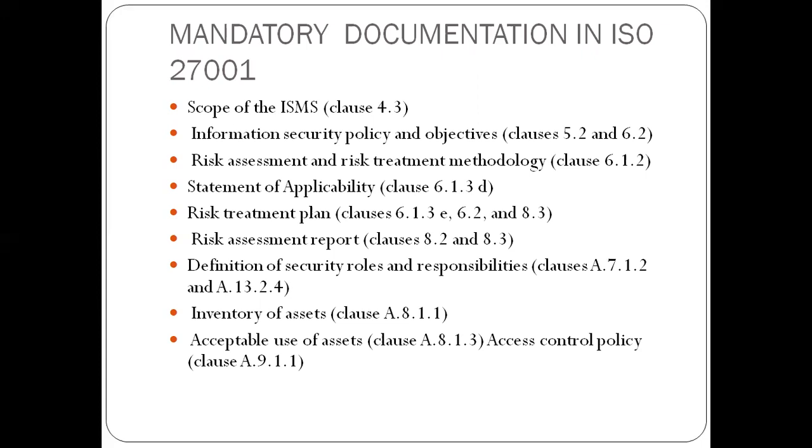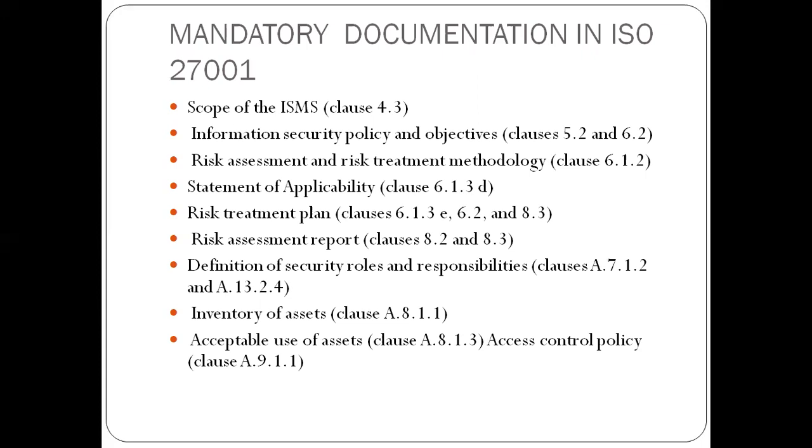Then statement of applicability, very important. Clause 6.1.3d. It is part of your risk treatment methodology actually. So for all the risks you have identified, look at Annex A of 27001 and see which of the controls are applicable and which are not applicable.